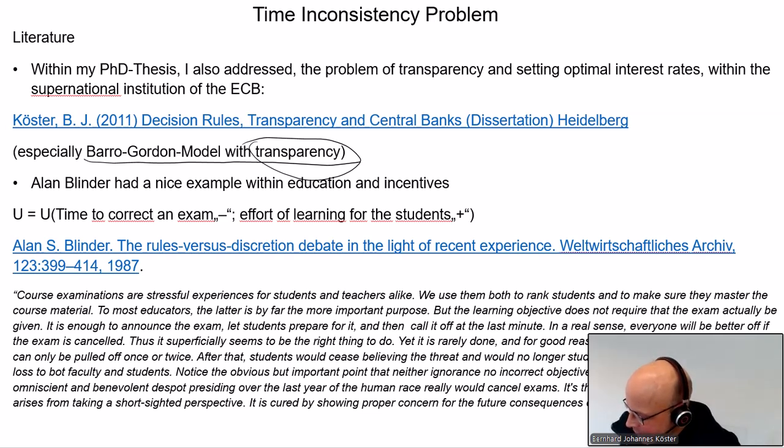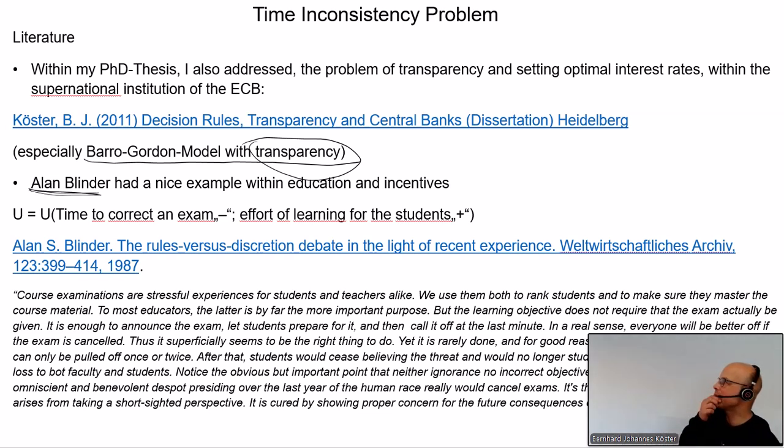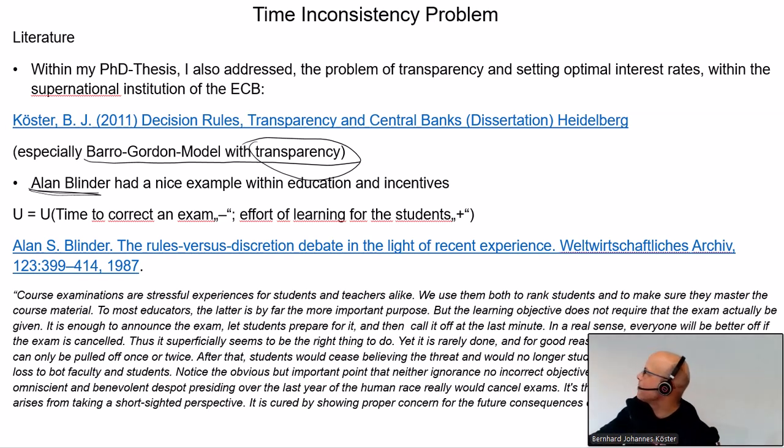And then I found a paper by Alan Blinder, who is also a quite famous economist, especially in monetary policy. He has written a maybe quite funny paper where he also said there is a time inconsistency problem.